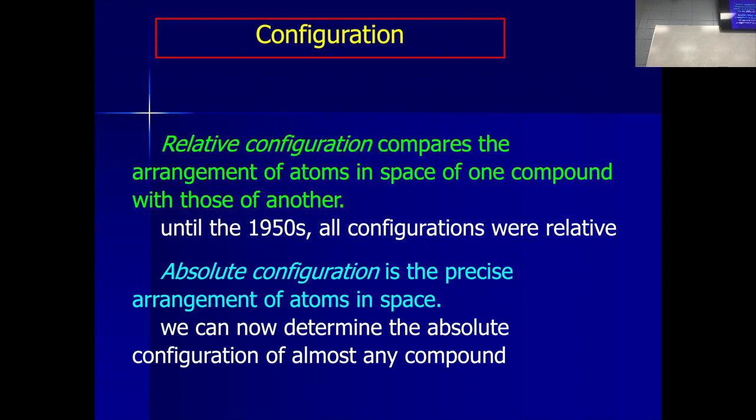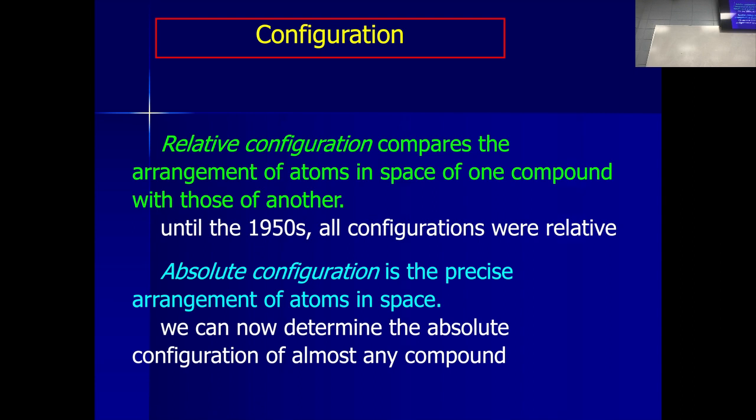Okay? Now, until about the 1950s, all of these configurations were what we call relative. Okay? Left-handed versus right-handed. We didn't really know how they were pointing in 3 dimensions. We just knew relatively how they were pointing in 3 dimensions. I knew that the red and the blue were not really pointing in the same direction. Okay? And in fact, this will haunt you a little bit in biochem, because for whatever reason, the biochemists hold on to the 1950s.